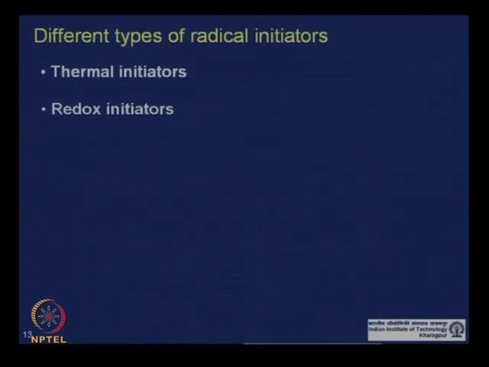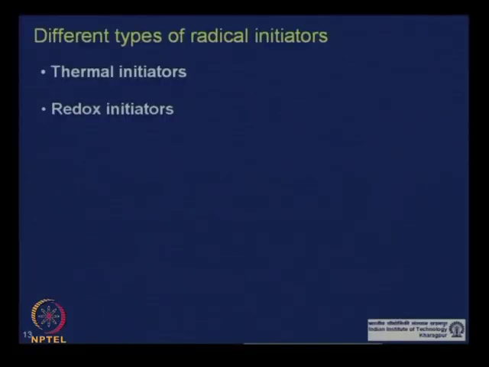We are actually talking about different types of initiator which are typically used in radical chain polymerization. For example, we talked about thermal initiator, where by applying heat we can dissociate homolytically a different type of molecules, for example AIBN and benzoyl peroxide, which we can use for radical chain polymerization as initiator.